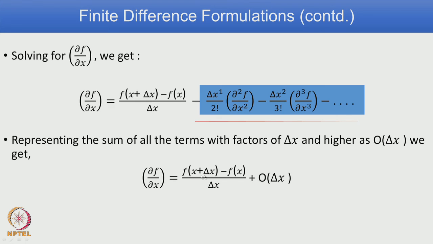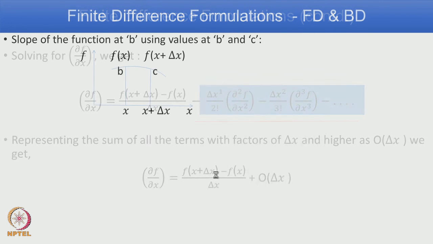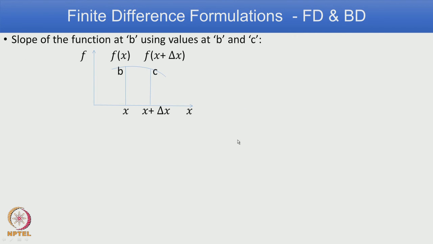Now, this you got by expansion going forward in the direction, in other words f of x is expanded with f of x plus delta x, and plus delta x is the forward direction. Basically, what is dou f by dou x? It is actually the derivative. So, if you represent the function with respect to x, then b is where you are trying to evaluate the function and c is where you are trying to get the expansion.